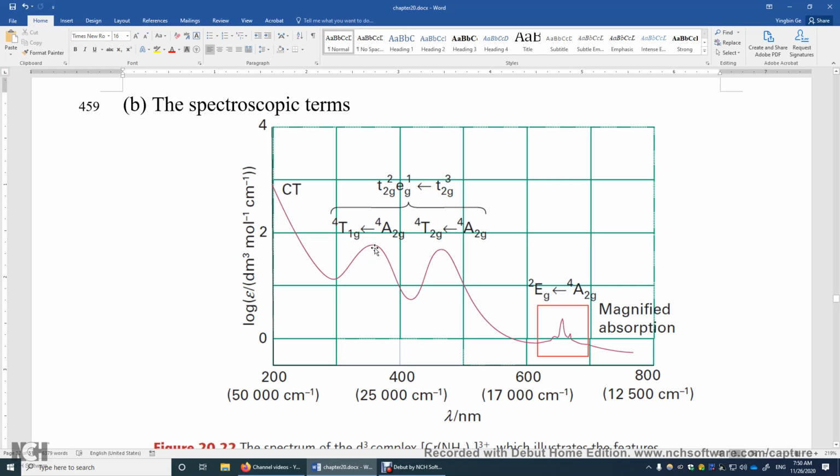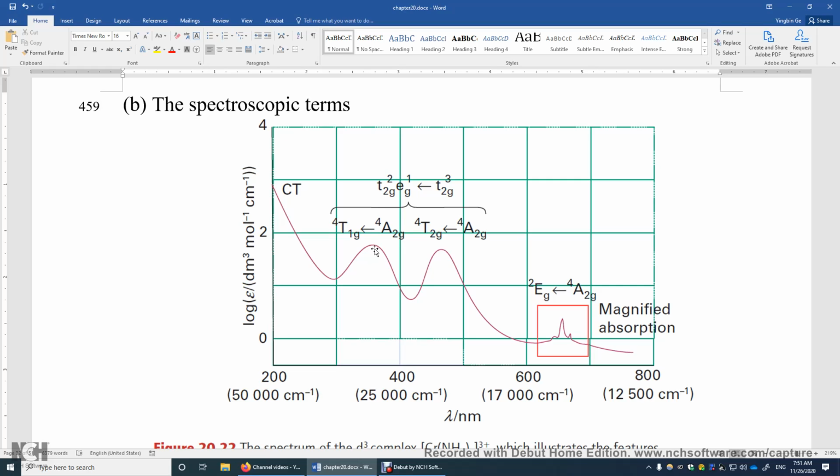The 4 lobes of dxy and the 4 lobes of dx squared minus y squared are very close to each other. Therefore, there's a stronger repulsion in this case. The third way of the electronic transition is, after the transition, you put the electron in the dz squared orbital, but then the other 2 orbitals are dyz and dxz.